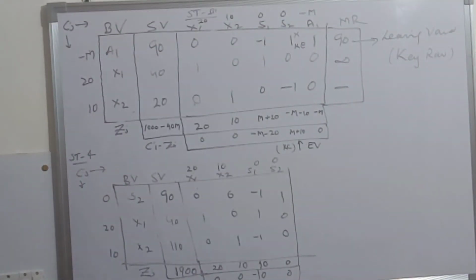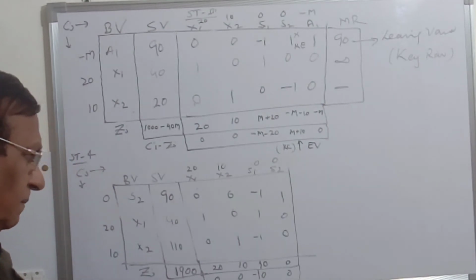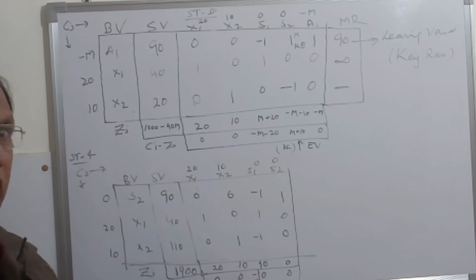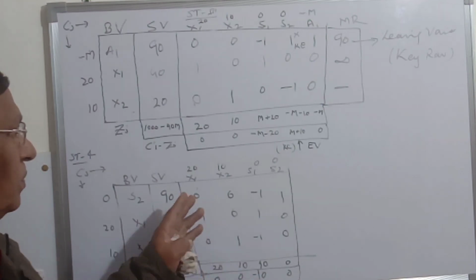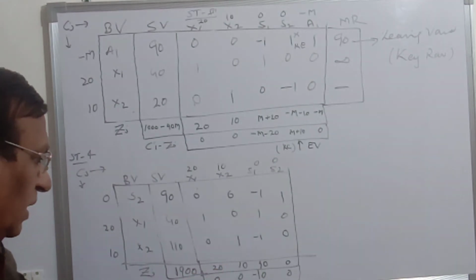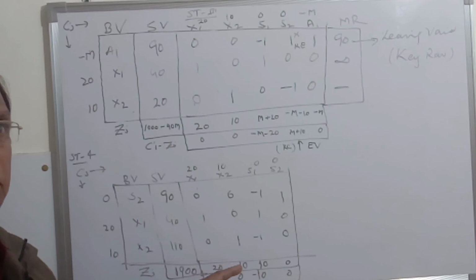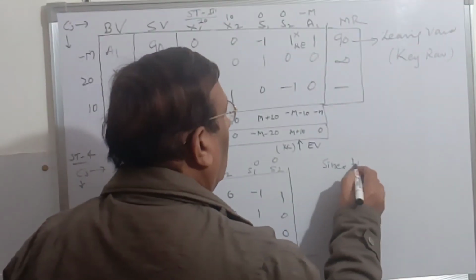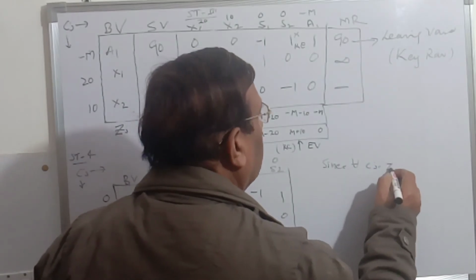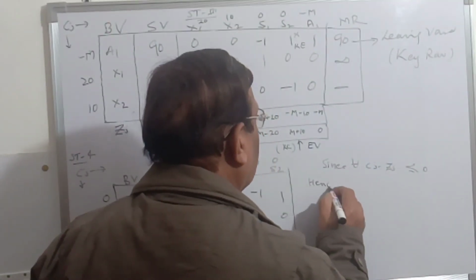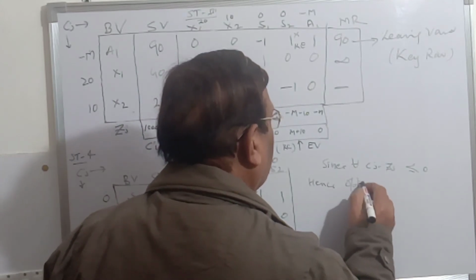Now, all Cj minus Zj are either 0 or negative. So there is no positive number to enter. Since all Cj minus Zj are 0 or negative, so we get the optimum solution. Since for all Cj minus Zj is less than or equal to 0, hence optimum solution.